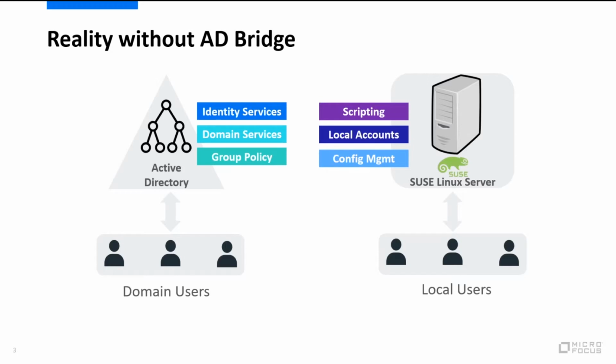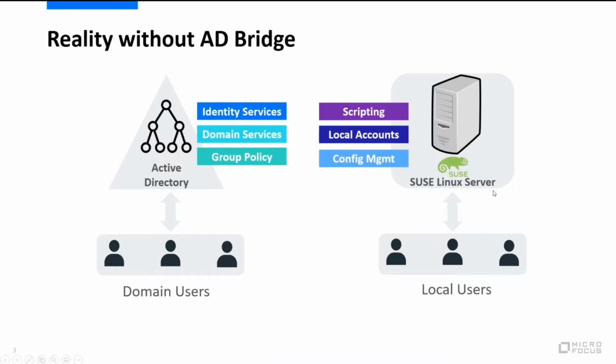Let's talk about what people do today without AD Bridge. On the Active Directory side, the Windows side, on-premise, they've got these identity services and this thing called group policy that is a control that both sets and enforces security and configuration policy.